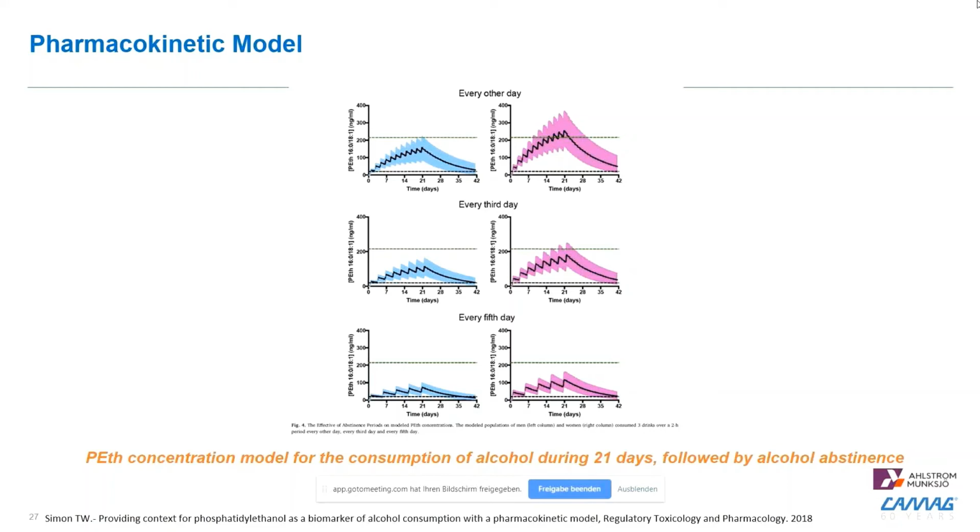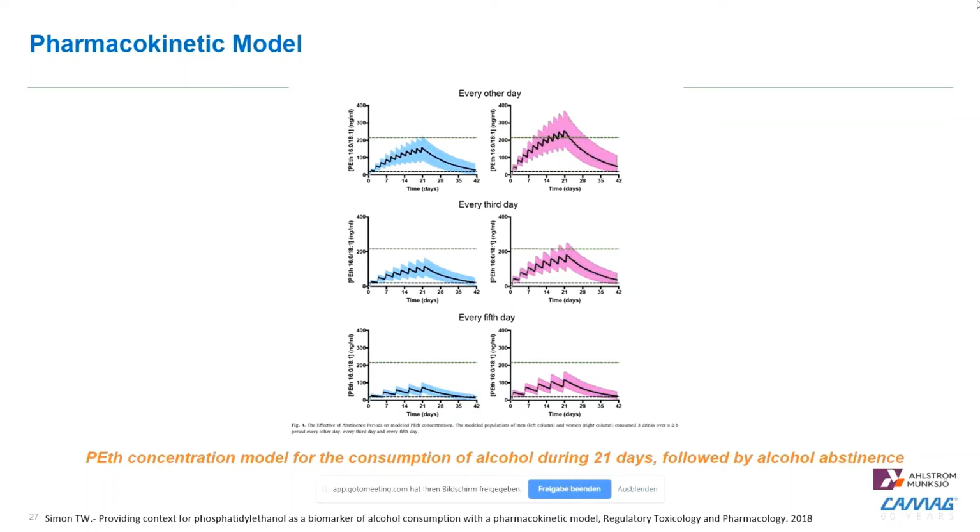This figure shows the PEth concentration increasing during 21 days, followed afterwards by alcohol abstinence. On top, we can see what happens if every other day 3 drinks are consumed over a 2-hour period. Then in the middle, every 3rd day, and in the end, every 5th day. On the left, it's depicted for male subjects. On the right, it's depicted for female subjects.